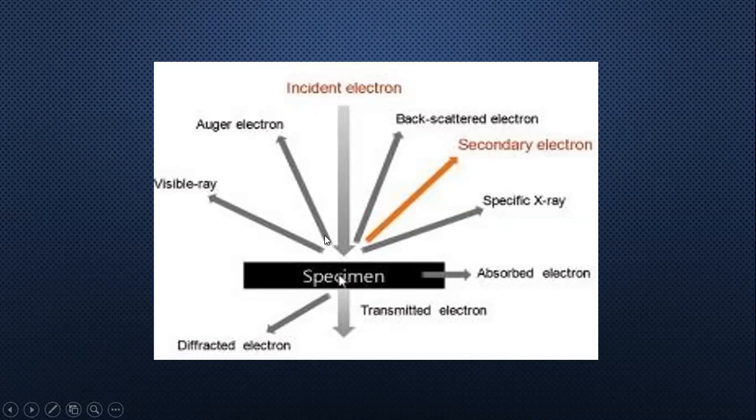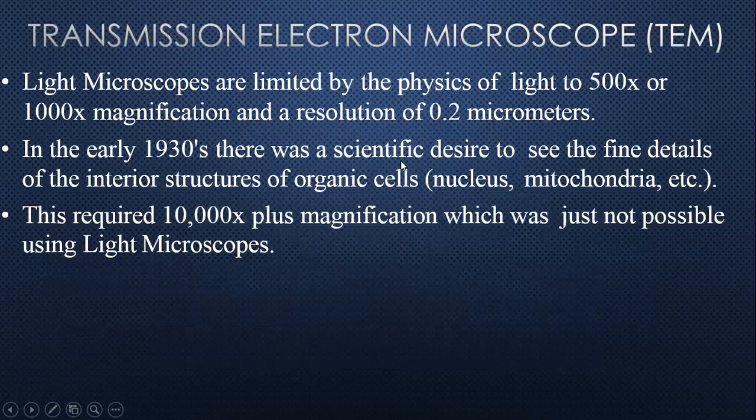Depending upon the detection method, if we are using the secondary electrons and backscattered electrons, the technique is generally called scanning electron microscopy. If we are using the transmitted electrons from the specimen, the microscopy is called transmission electron microscopy.